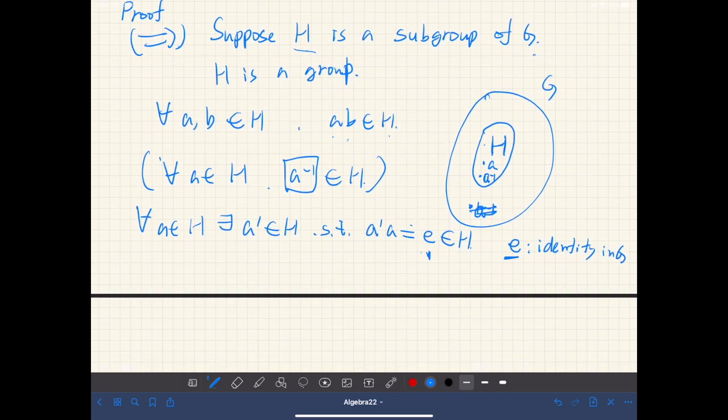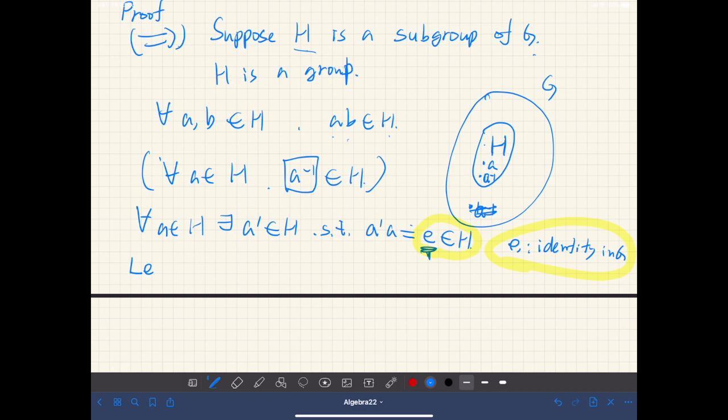So we need to prove that too. So let's see. We need to prove this part, okay?